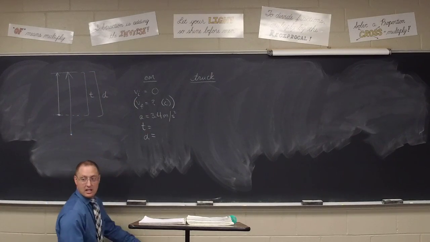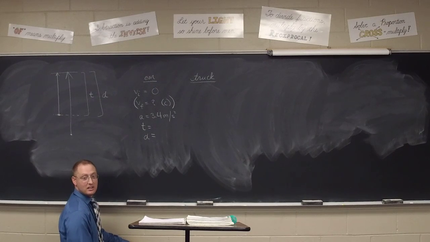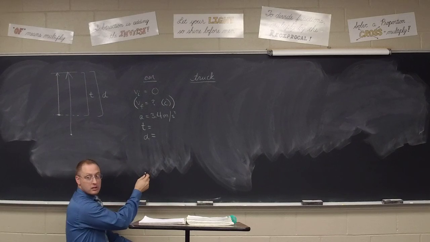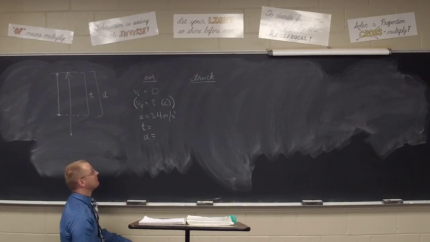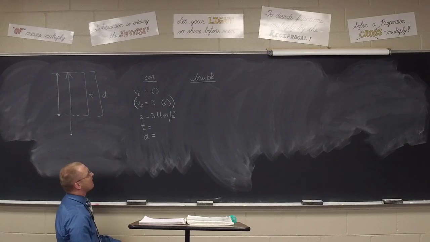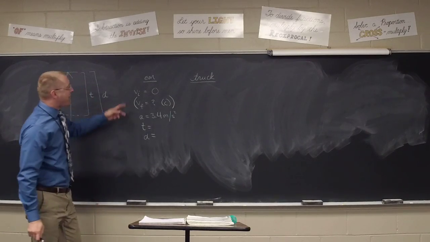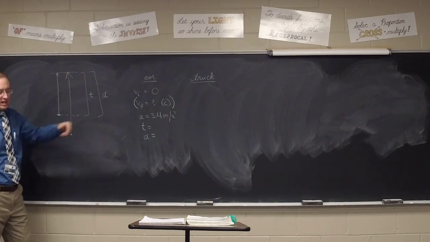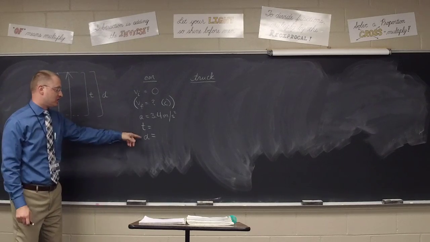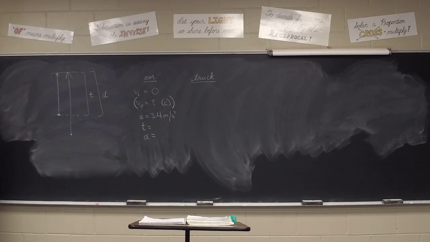Which equation page? Well, the only problem is to use average velocity, I need to know what the final was. So no, and I want something that's going to use the displacement in it too. And that didn't have displacement in it.